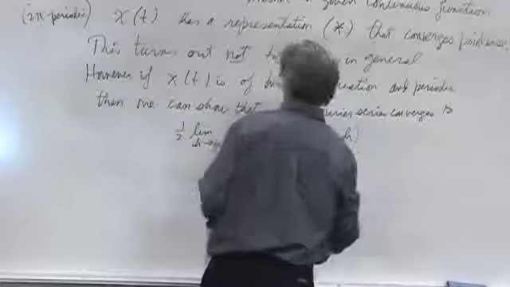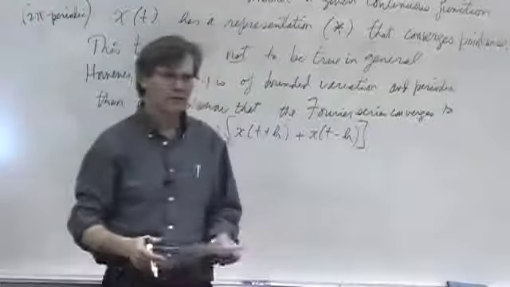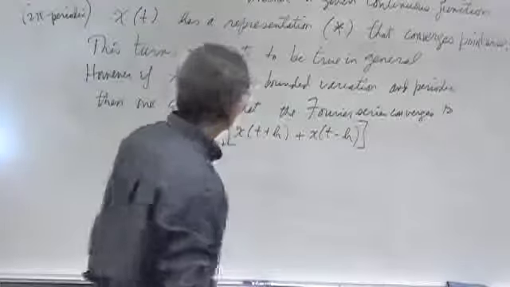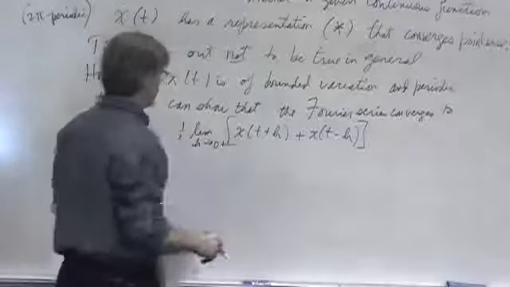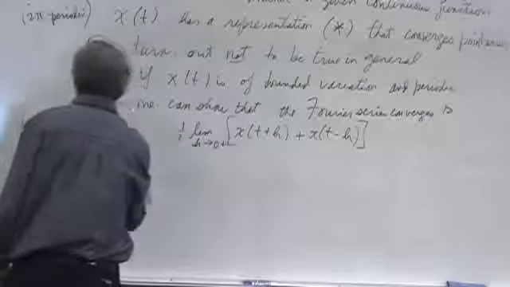You'll have these left and right limits for a function of bounded variation, and this will be the actual function you'll get. So you've seen that before.